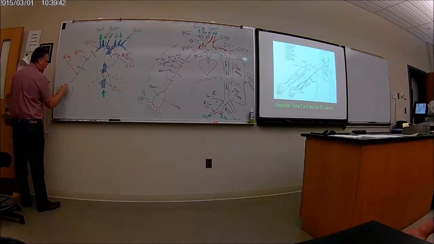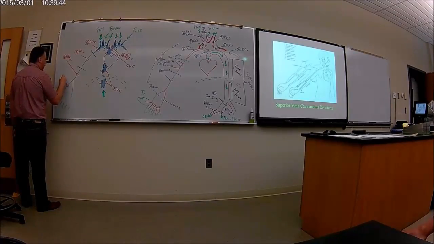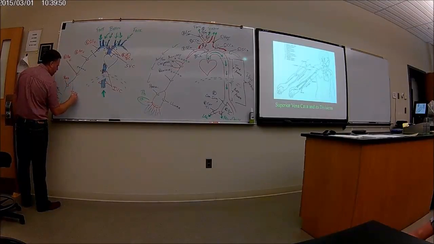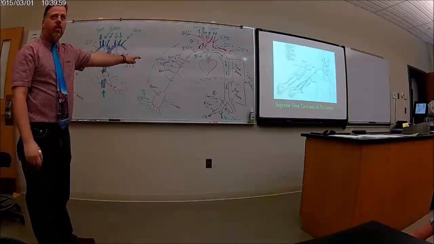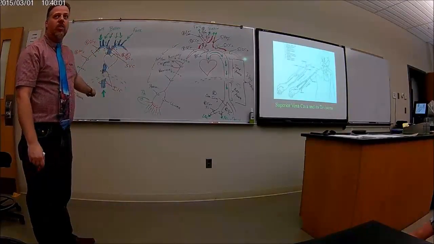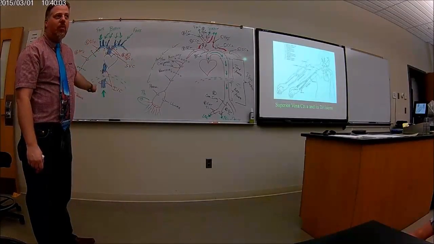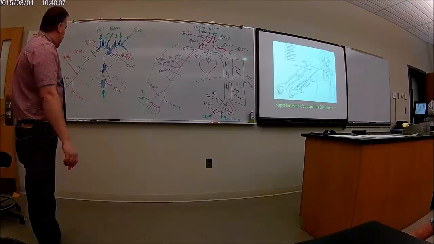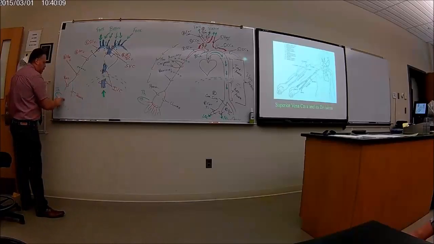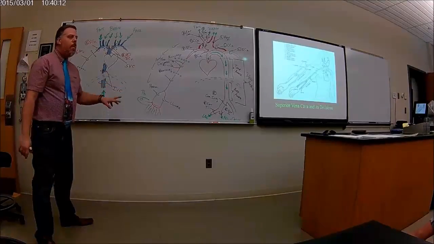On the left side, or the thumb side, that's going to be the radial vein. And on this side, it's going to be the ulnar vein. So for the most part, if you know the arteries, you know the veins. They're very, very similar. Okay? And then you got the arches here and the digits, and they're the same thing.